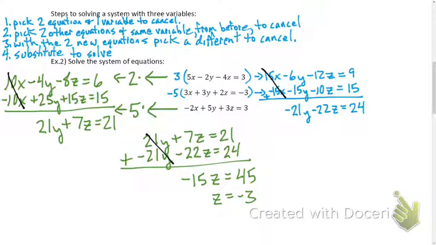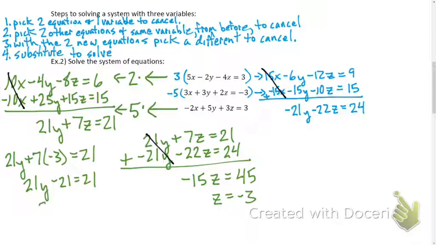Now I can plug that z value, that negative 3, into either of the two new equations. It's almost like you just retrace your steps. So I'm going to plug it into this green equation here. 21y plus 7 times negative 3 equals 21. And we know y is 2. Now let's plug those two numbers into any of the typed equations.